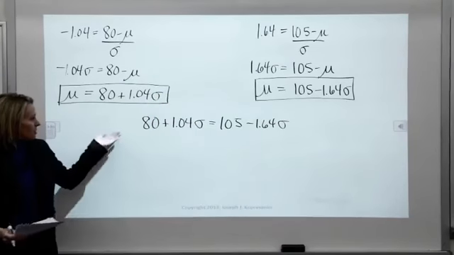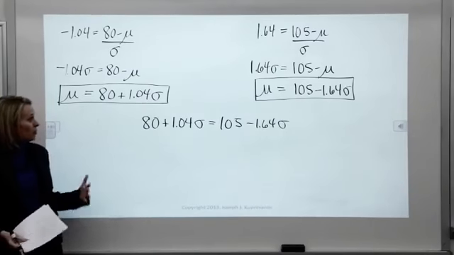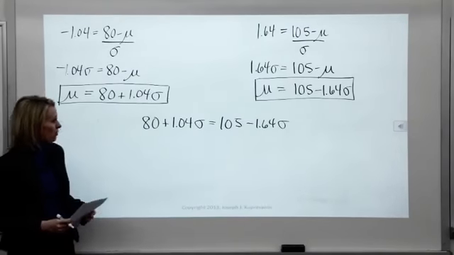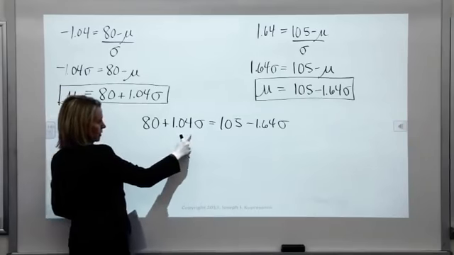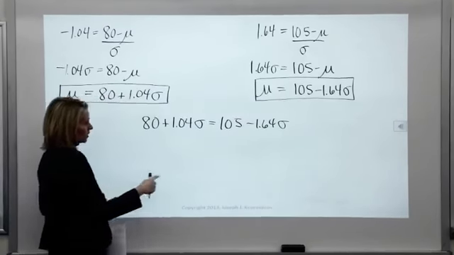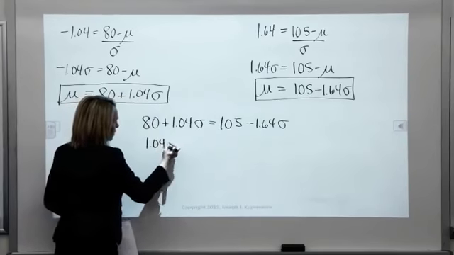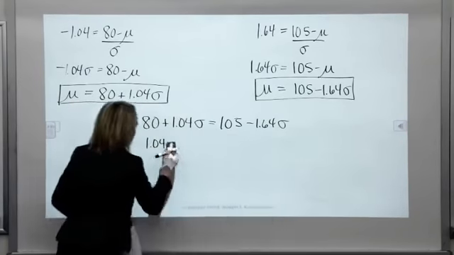And once you've done that, you now have one equation with one variable that you don't know. I hope this is pretty simple for you to solve. I'm going to get sigma on the left and the other coefficients on the right. So I'll add 1.64 sigma to both sides. Oops, that's a sigma.